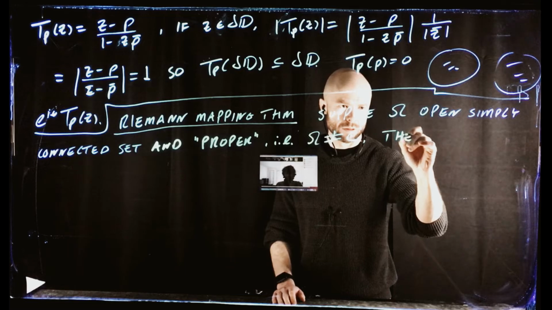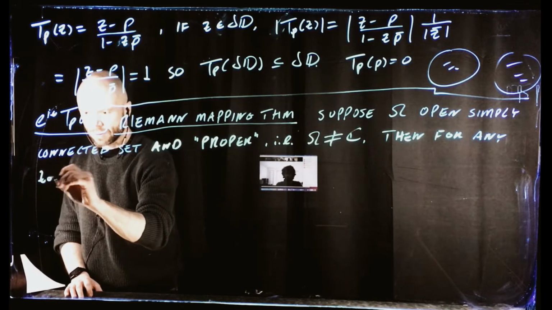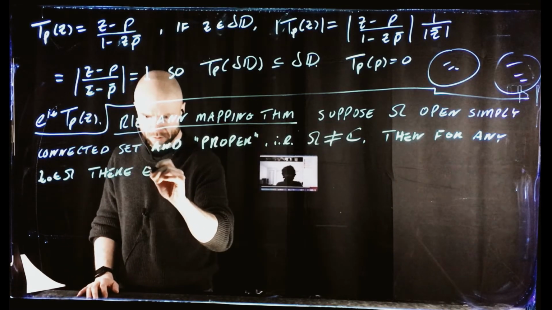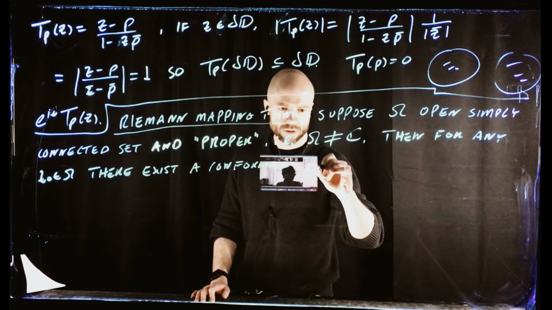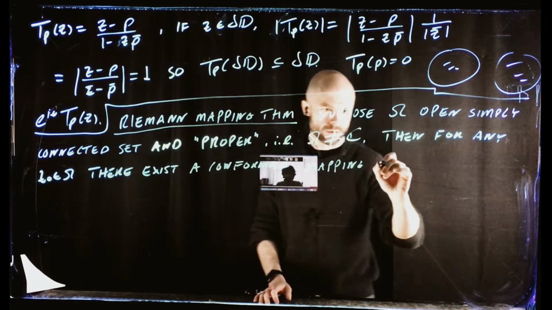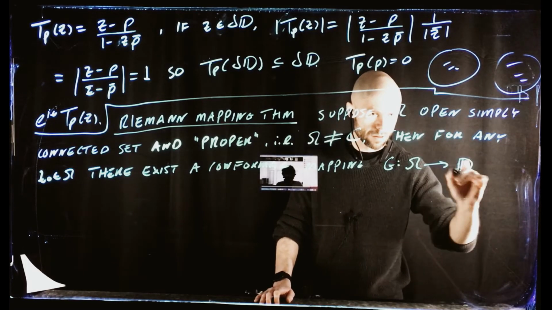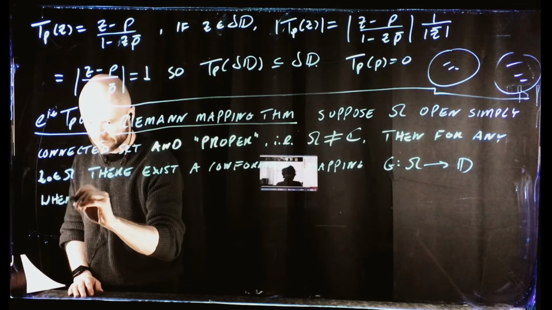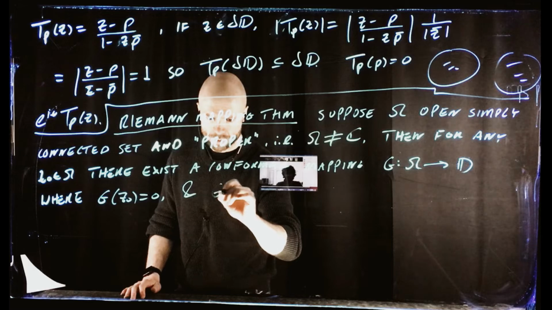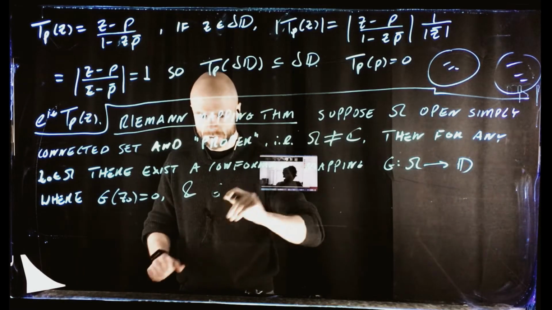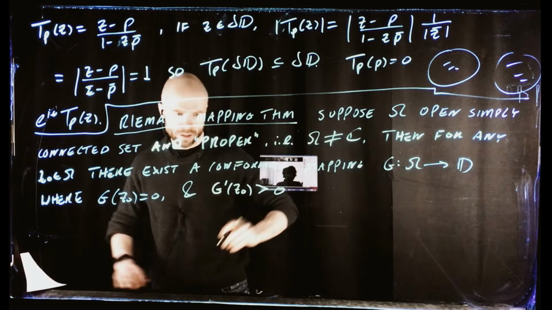Then, for any Z0 belonging to omega, there exists a conformal mapping G from omega to the disk where G of Z0 equals 0 and G prime of Z0 is bigger than 0, and this guy is unique.